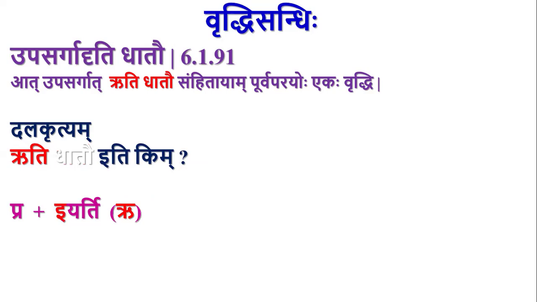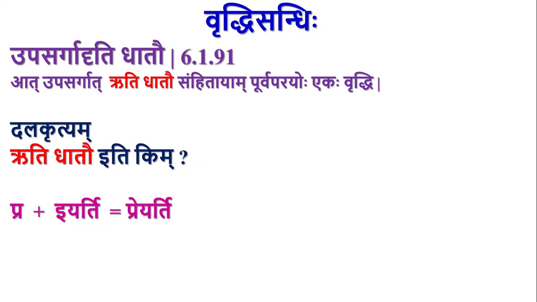Ruti dhatu means it is a dhatu. It is from a rukaradi dhatu, but the form does not start with rukara. So there will not be application of this sutra upasargat ruti dhatau.